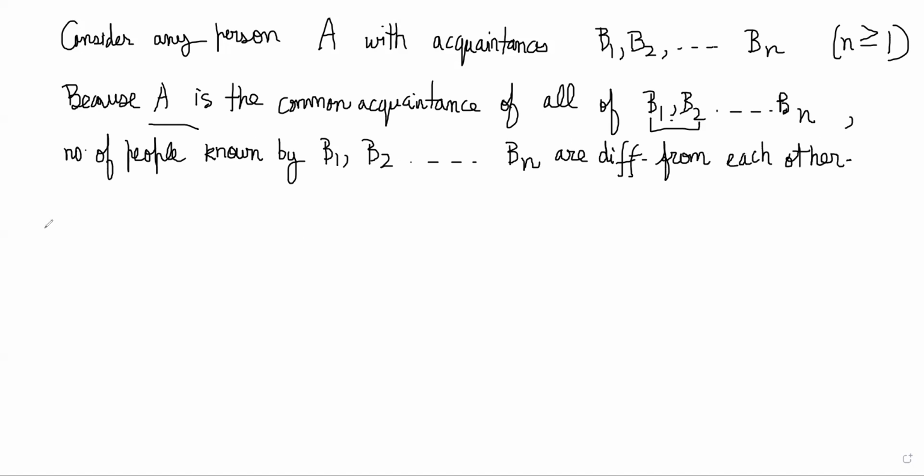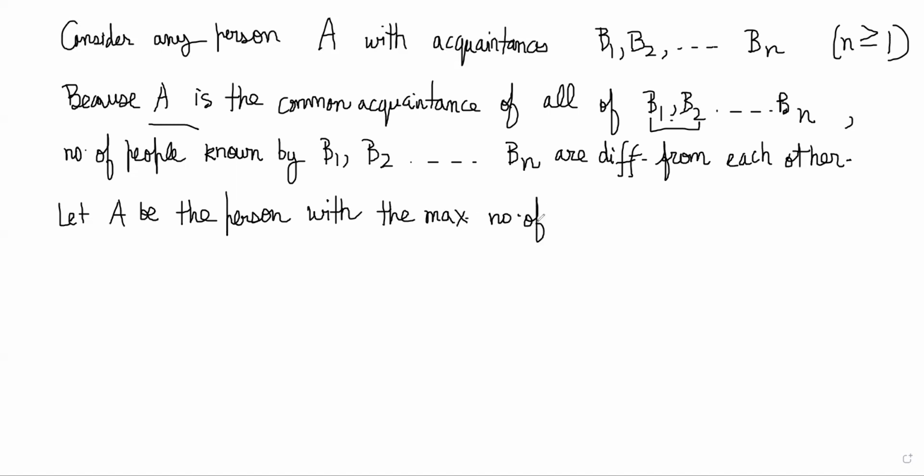Great. Now we'll make the assumption that let A be the person with the maximum number of acquaintances. Obviously, there must be a person or persons whose number of acquaintances is maximum because it's a finite set of people who come, right? So A is the person with the maximum number of acquaintances.